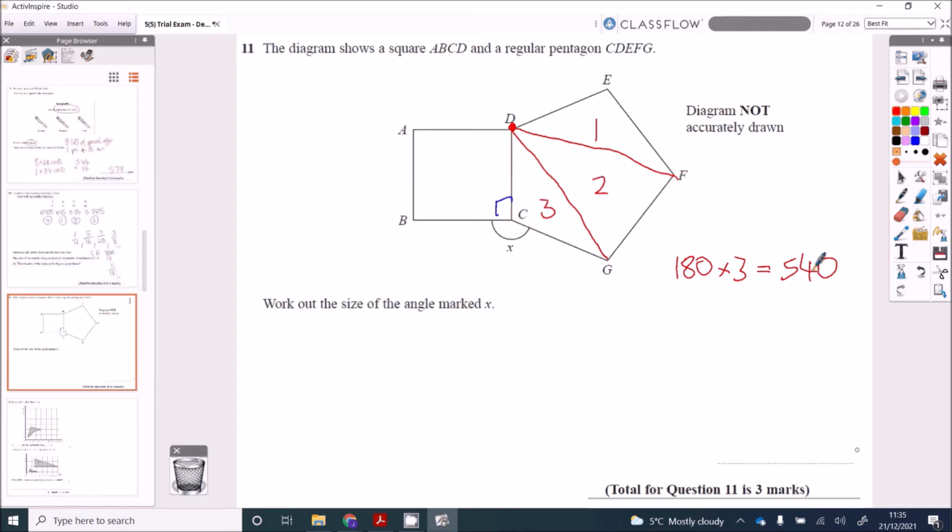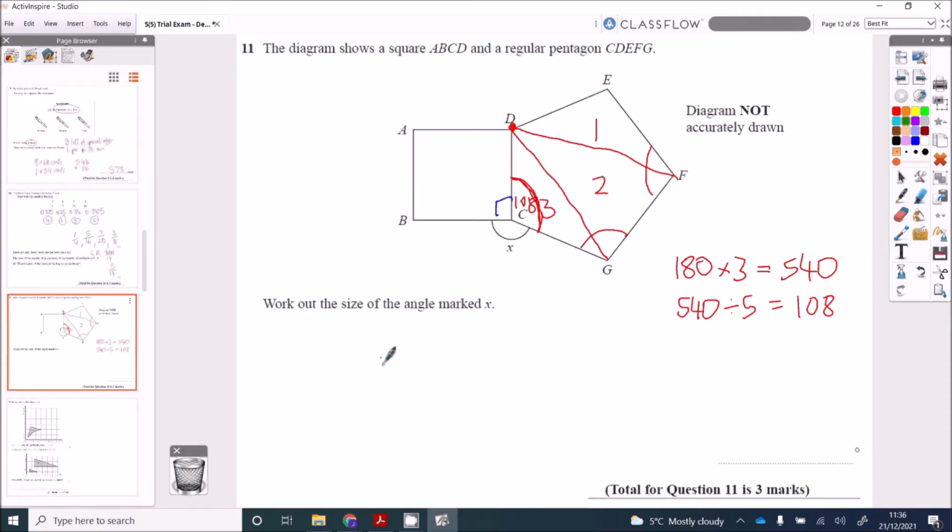Now how many angles are there inside that shape? Well, it's a 5-sided shape, 5 angles. So each of them is going to be 540 divided by the 5 angles, which is 108 degrees. So that angle inside the shape, just like all the angles inside the shape, is going to be 108 degrees. So we're nearly there.